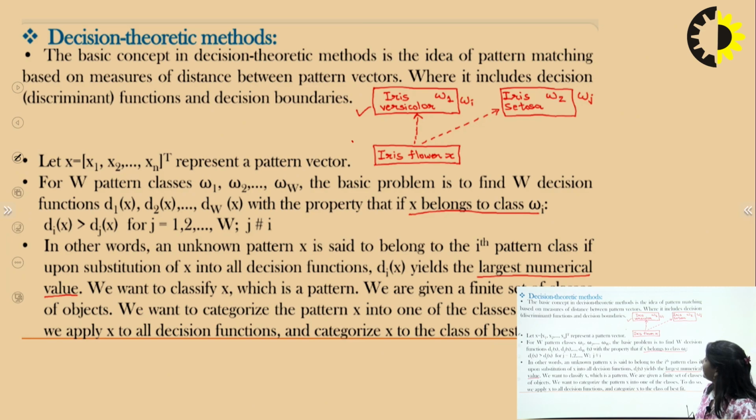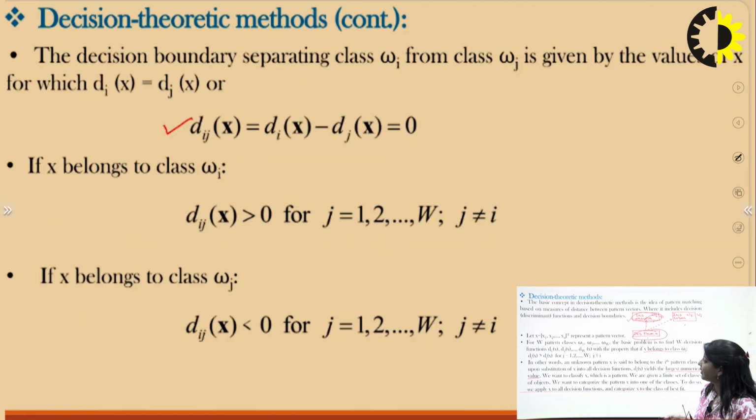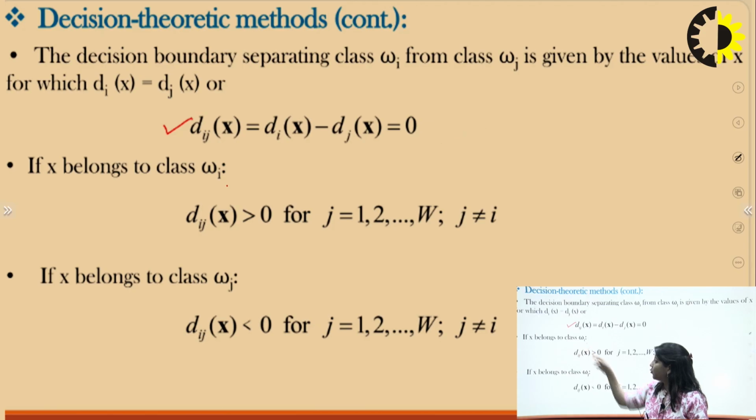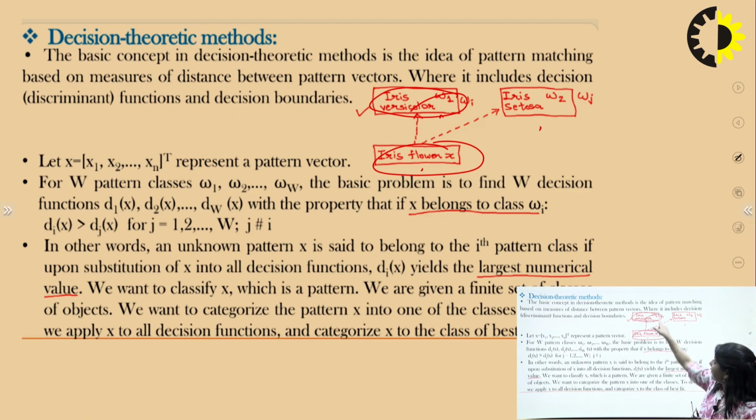So we have an example of iris versicolor, iris flower, iris setosa. There are some points of iris versicolor. We got some points and we have some classes. So we have to compare the interclass distance decision boundary of these classes. And when this distance is 0, that point belongs to that particular class. So this is the W1 class, this is W2 class, this is W3 class.